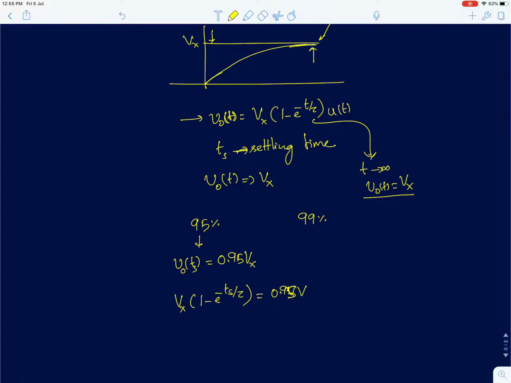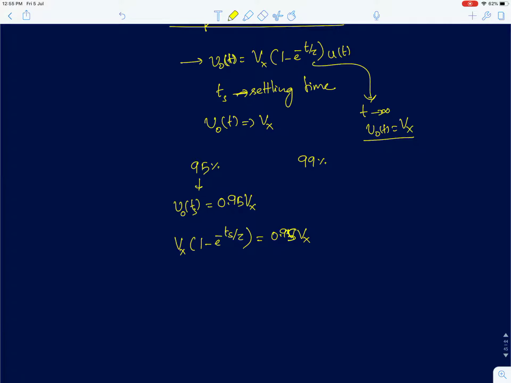The first order equation, the solution for a step response. From this you will find your Ts to be approximately 3 tau, 3 times the time constant. Similarly, for 99%, you can show that the settling time is 5 time constants. In fact, in 5 time constants your output will reach 99.32%, but it's approximated to 99%.